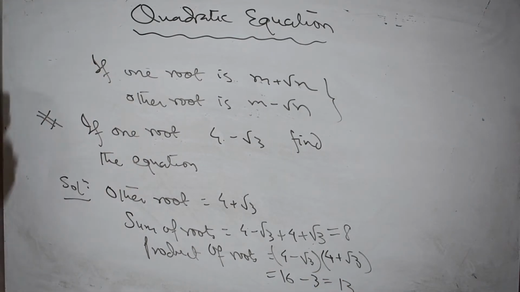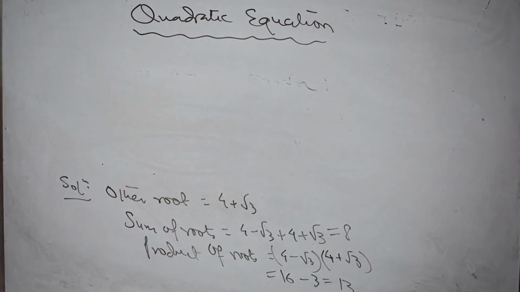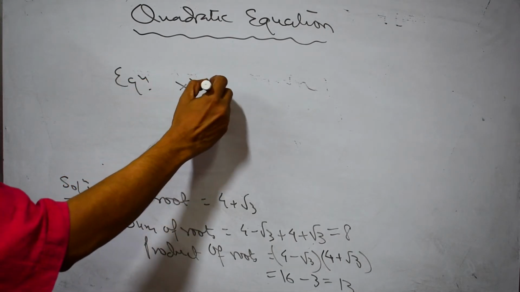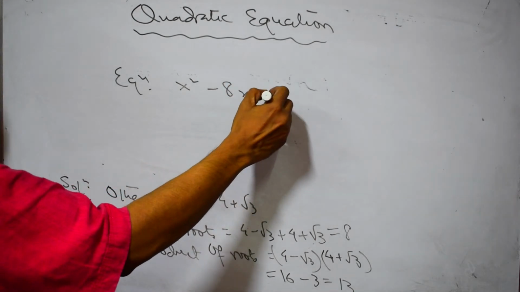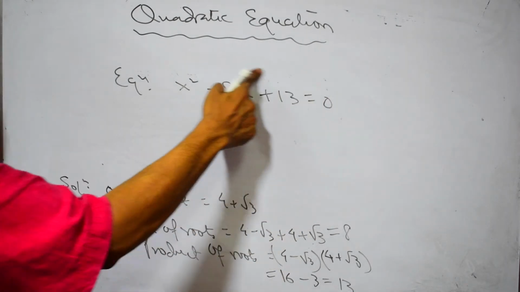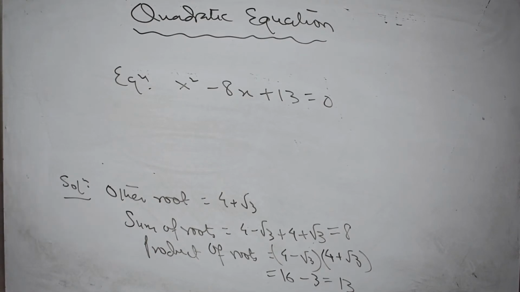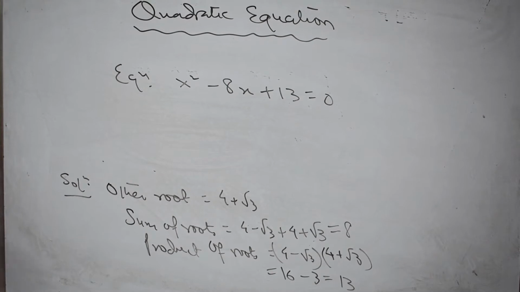Sum of the roots is 8. Product of the roots is 13. So the equation will be x square minus the sum of the roots, that is 8x, plus the product, that is 13, equal to 0. This is the idea of how to find the equation from the roots. Now we have some more small ideas.